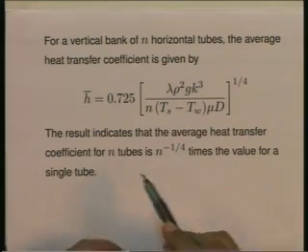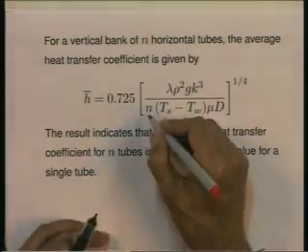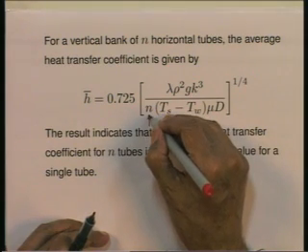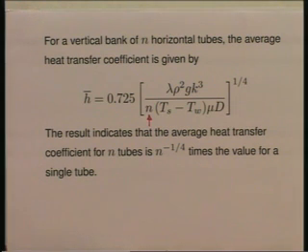So, what is the difference? The difference is you have an extra symbol n here in the denominator. That is what you have when you have a bank of n horizontal tubes, one above the other.